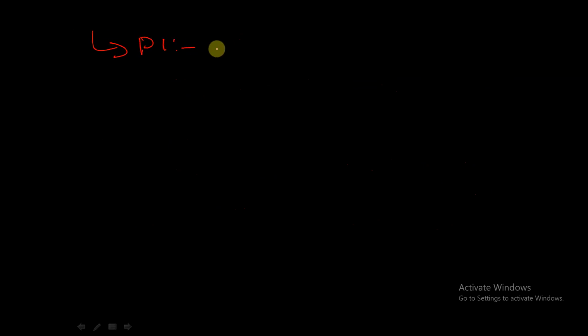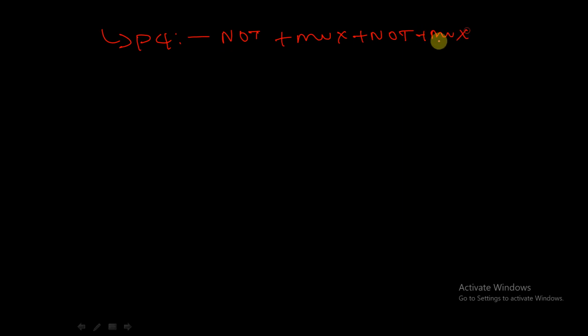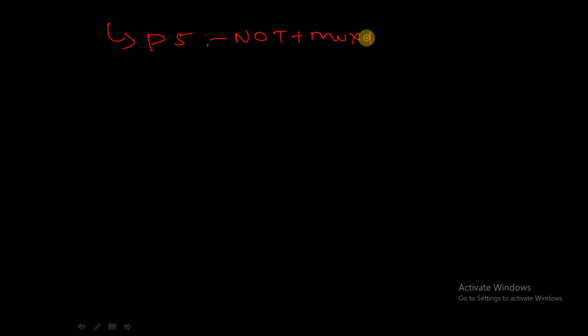Path 1 is NOT plus mux, path 2 is NOT plus mux plus NOT again plus mux, path 3 is NOT mux mux, path 4 is NOT mux, and path 5 is NOT mux mux. So these are all the possible paths.